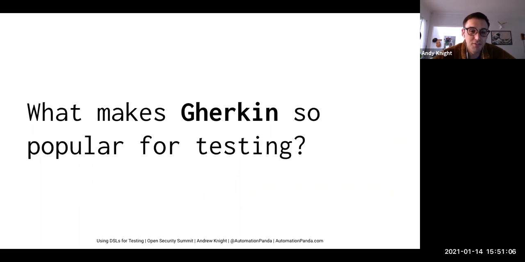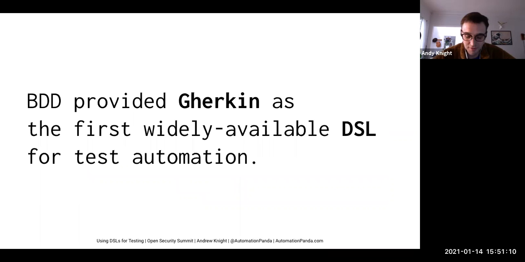So what makes Gherkin so popular for testing then? This is my thesis on why Gherkin has become so popular and why BDD test frameworks have become so popular. BDD provided Gherkin as the first widely available domain-specific language for test automation. I'm not the only one who's landed upon this discovery that DSLs are great for testing, right?